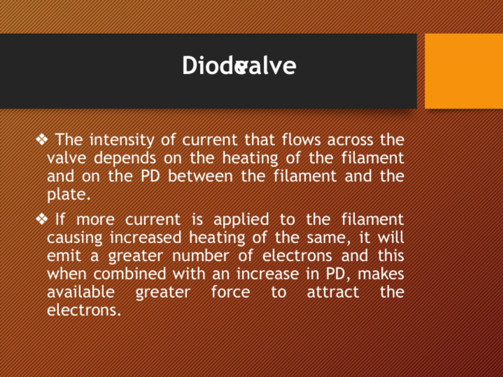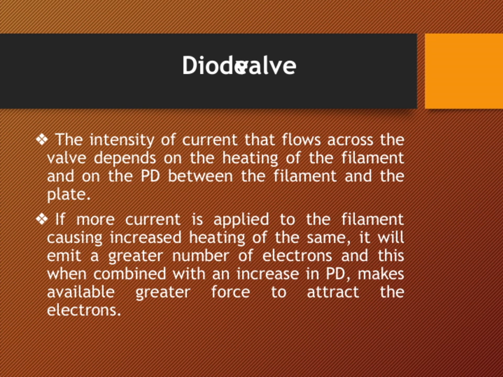But it's not just about the number of electrons. The PD between the filament and the plate also plays a crucial role. If we increase this potential difference, we're effectively creating a stronger force to attract those electrons toward the plate. So, by increasing both the filament heating and the PD, we're essentially boosting the current flow through the valve.